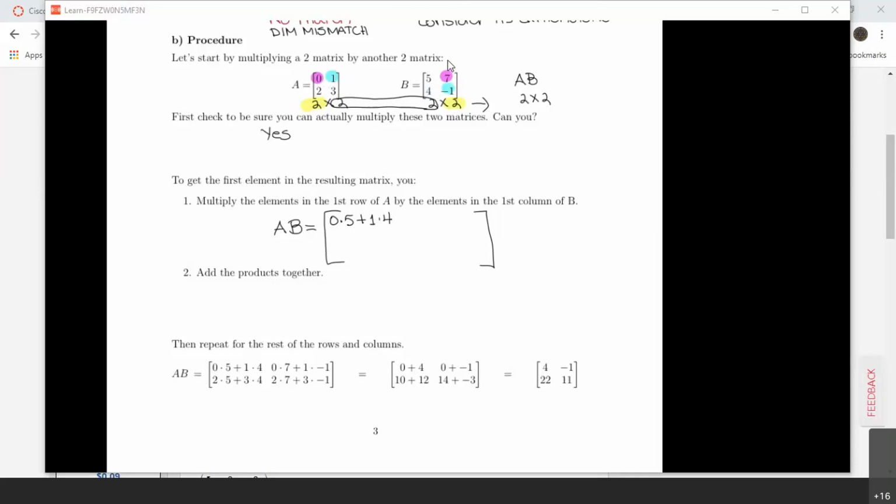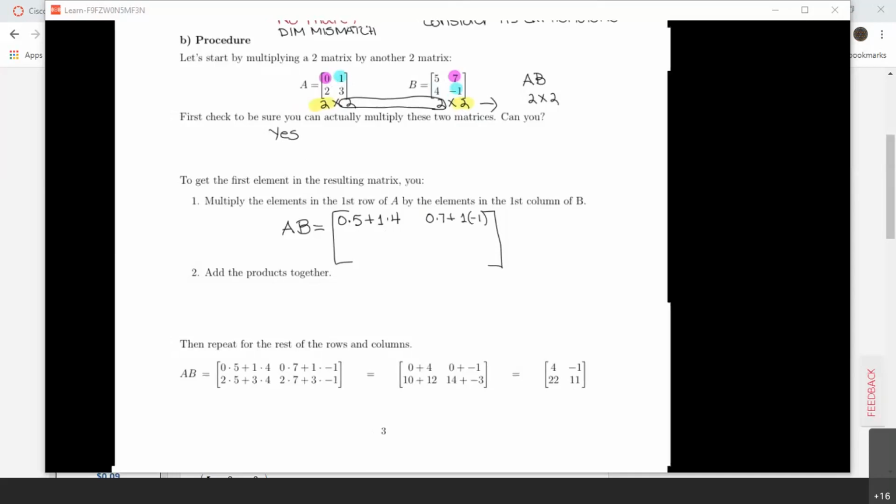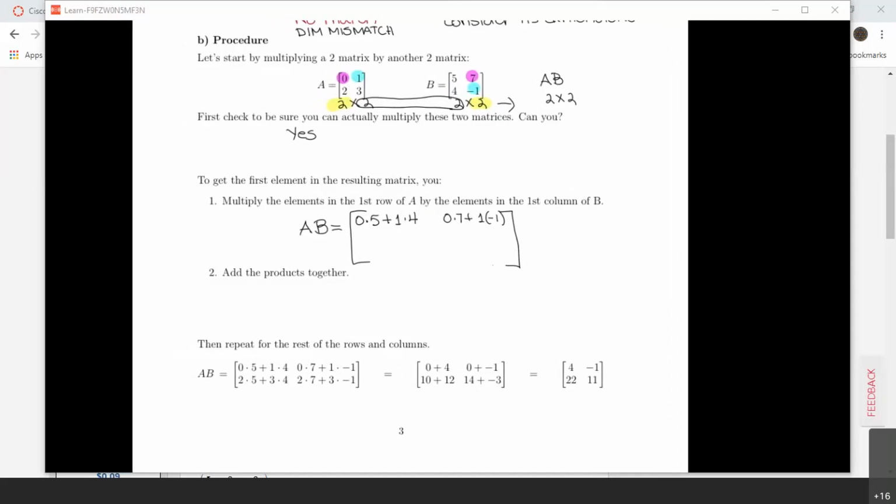So first row, second column. It's going to go in the 1, 2 entry over here. So I'm just showing you 0 times 7 plus 1 times negative 1. Everybody see that?